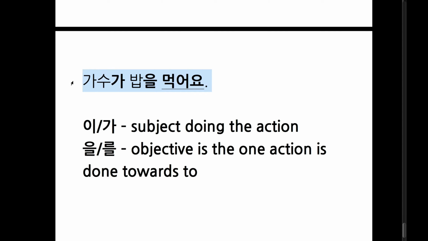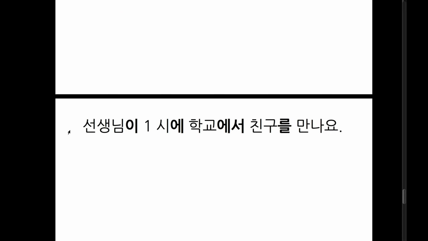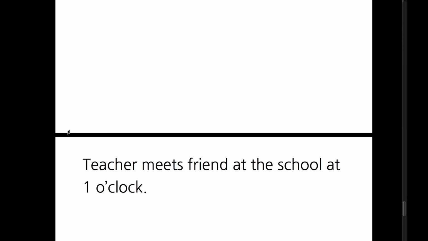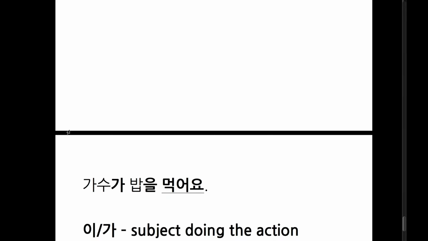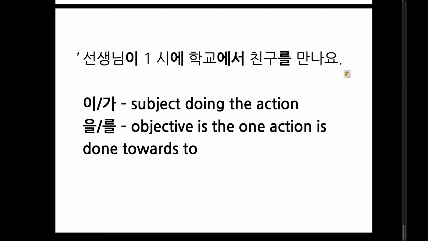Now we go back to what we had earlier, which is 선생님이 1시에 학교에서 친구를 만나요. 자, in this case 에 is different from the 어디에 가요. 어디에 가요, this 에 means "to". 그쵸?